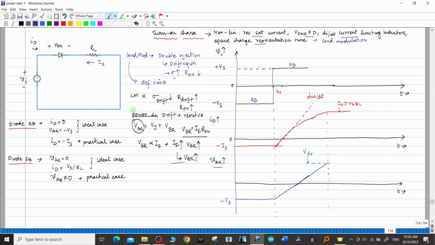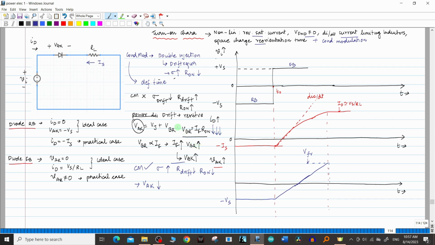Now, after some time, the conductivity modulation, double injection, all those phenomena will happen. So conductivity modulation is going to set in. That means the conductivity of the drift region is going to increase, and the resistance of the drift region will decrease. I can tell the on-state resistance will decrease. That means VAK naturally would decrease because R on is going to decrease.